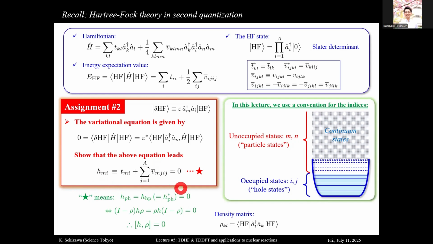Hole states mean occupied states, described by indices i and j, and particle states indicate unoccupied states, denoted by indices m and n. Those are just a convention. According to this convention, the particle-hole components and also the hole-particle components must be 0. This is a result of the variational principle, and I will use this relation in the following.